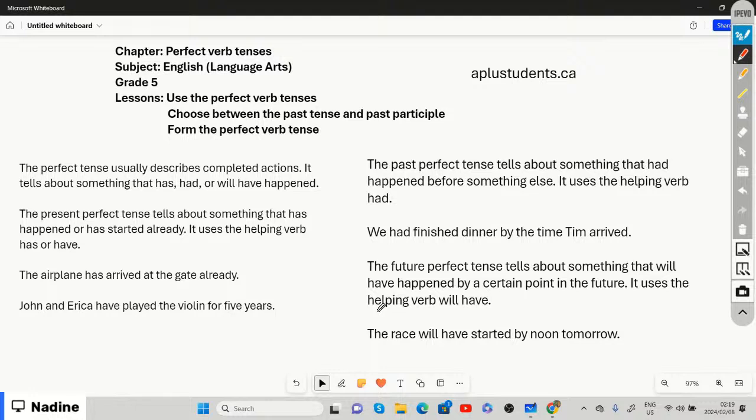So remember, we said we are doing perfect verb tenses. So we have the perfect verb tense, and it usually describes ongoing action.